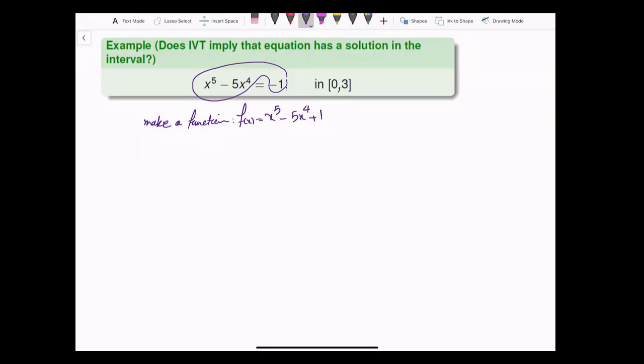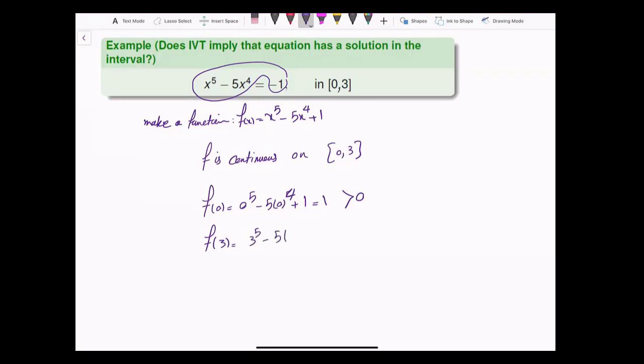Okay, now conditions. F is continuous everywhere, in particular on the interval 0 to 3. That's the first thing. F of 0 is 0 to the power 5 minus 5 times 0 to the power 4 plus 1. This is 1, which is positive. F at 3 is 3 to the power 5 minus 5 times 3 to the power 4 plus 1.